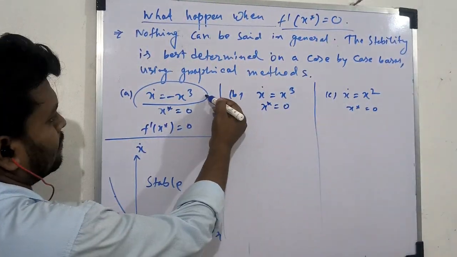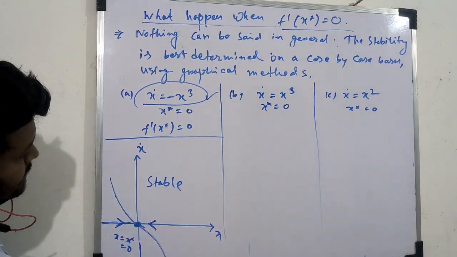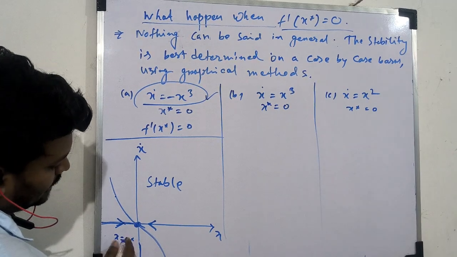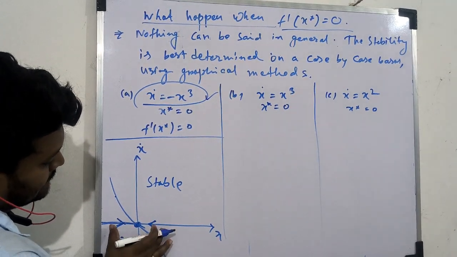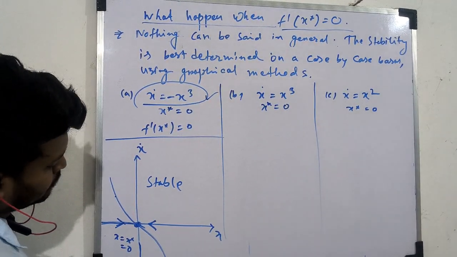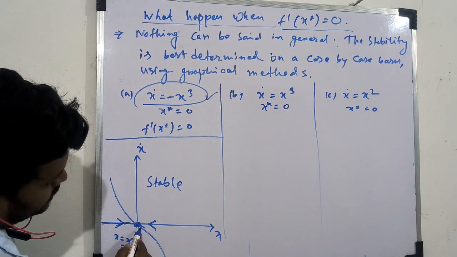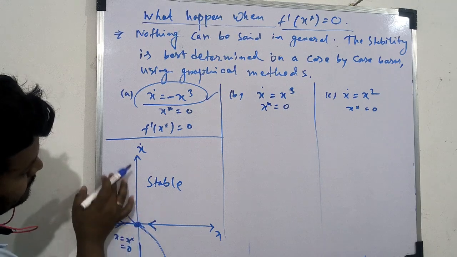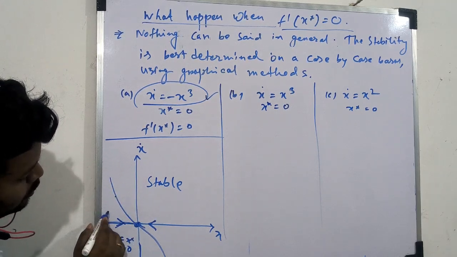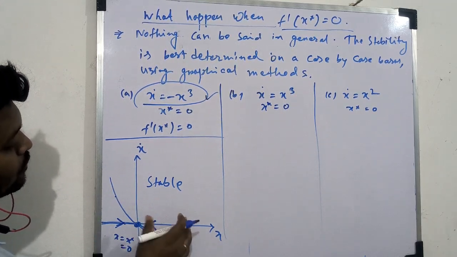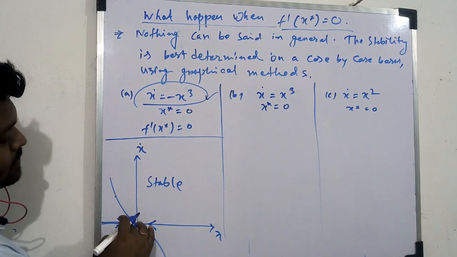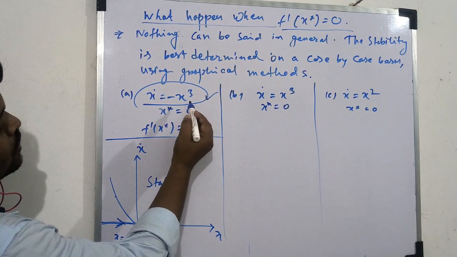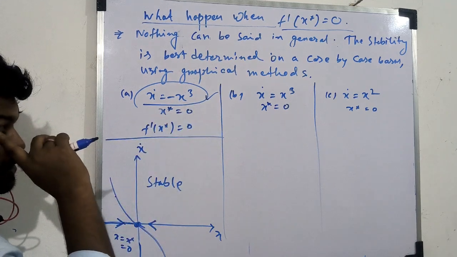For this system we draw this graph, x dot equal to minus x cube, and we see that x dot equal to 0 is a stable equilibrium point. In this portion x dot is less than 0, so the arrow will be this side, and in this portion x dot is greater than 0, so the arrow will be on the right side. So by the graphical approach we can say the equilibrium point for this system is stable.